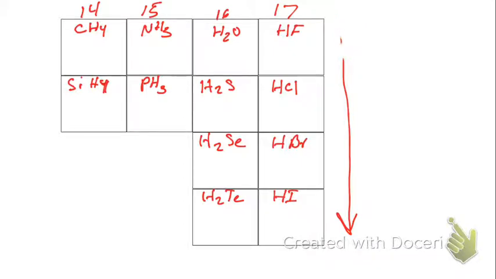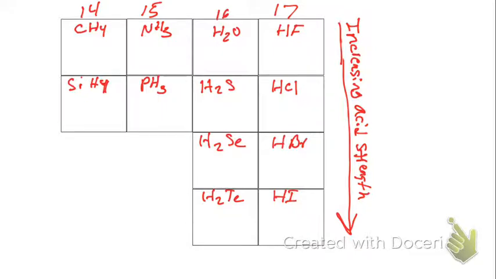So increasing acid strength as we go down a group, and that is due to a weakening of the bond. Okay, so the bond gets weaker as we go down a group.